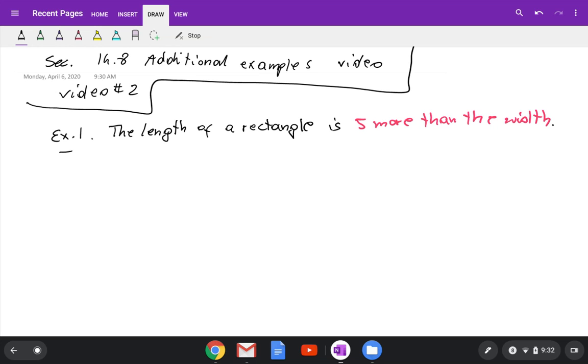The area is 36 square feet. Find the length and width.